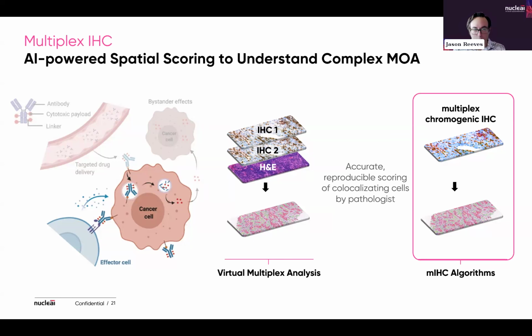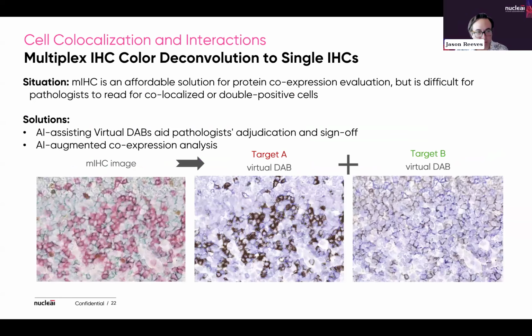Now, as I mentioned, we work across all pathology toolkits, and one thing that we've found is that multiplex chromogenic assays are great for understanding co-localization, but sometimes they're hard to read and sometimes they're hard to quantify. It depends very much on the type of stain, in terms of both the chromogens that are deposited and where the specific antigen is localized.